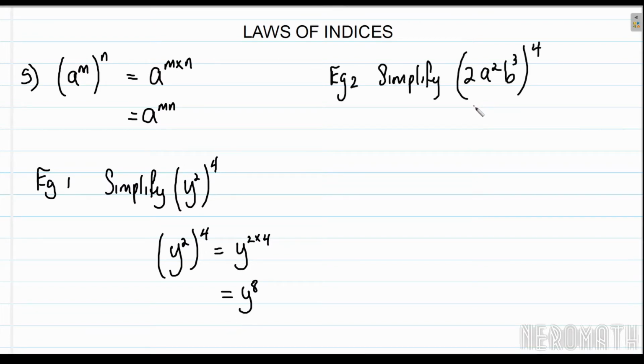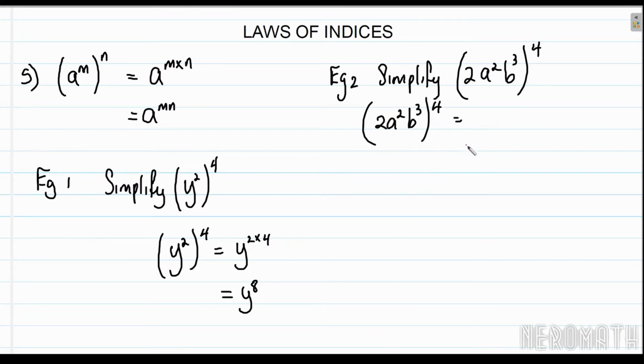Now in example 2, I have 2 multiplied by a squared multiplied by b cubed, and all of that in brackets to the power of 4. So what you have to do here now is multiply this power outside the brackets by all the powers inside the brackets. Now remember, this 2 is 2 to the power of 1.